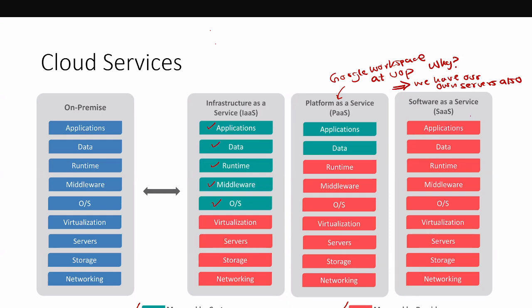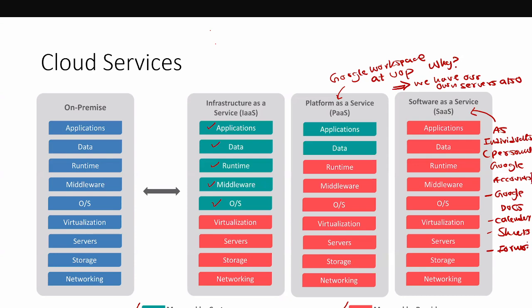Here, if we just use their Google Docs, Sheets, and Slides, then that means we are using software as a service. As individuals, with our personal Google accounts, not the university one, if you have them, we are using software as a service, because we are using Google Docs, their calendar, Google Sheets, Forms, right?